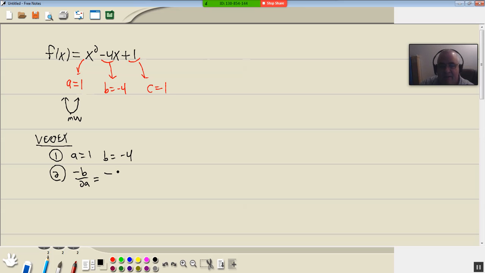So I'm going to have negative b, which is negative 4, over 2 times a, so 2 times 1. That gives us 4 over 2, or 2. Now this is the x part of the vertex. So what we just found there is the x part of the vertex.